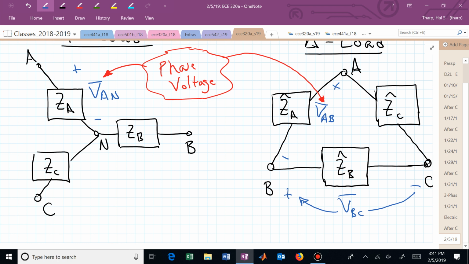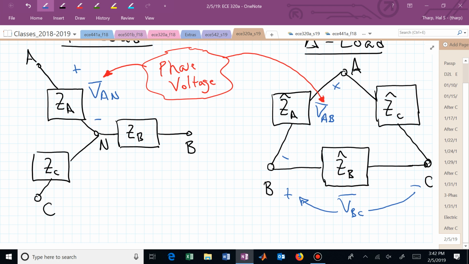Here we have the Y configuration or interconnection. Here we have the delta. So if you covered up the left panel and I said, what's the phase voltage in the A phase of the load, you would say, oh, that's VAB. If I then covered up the right panel and said, here's your load, what's the voltage across the A phase?